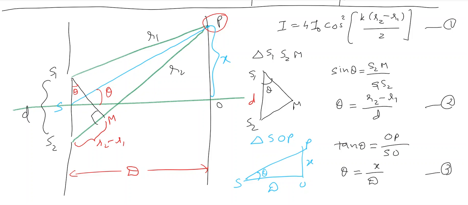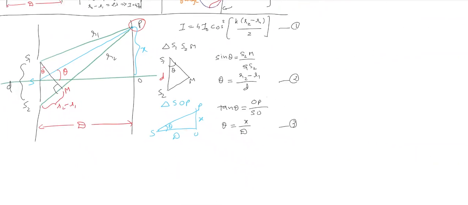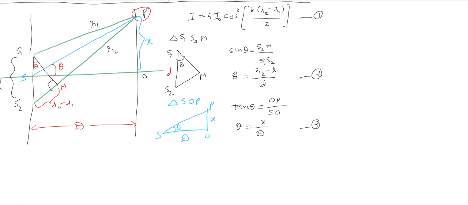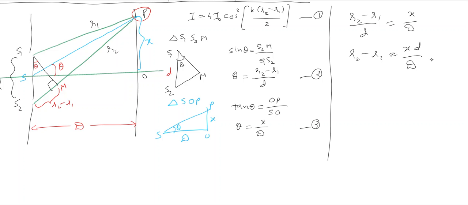So from the second and third, can I say R2 minus R1 by d is x by D, and then what is R2 minus R1? It is x d by D. Substitute 4 in 1.